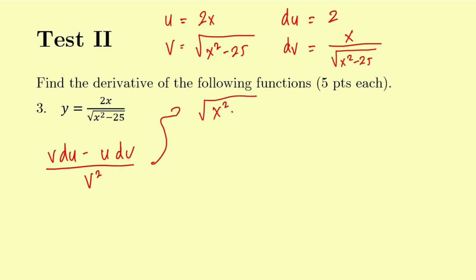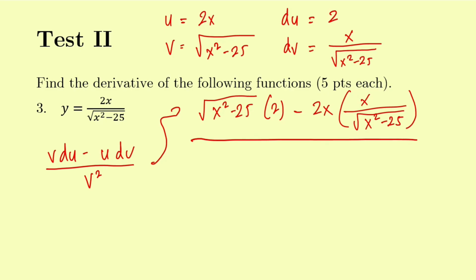Square root of x squared minus 25 multiplied by 2, minus u dv, multiplied by x over the square root of x squared minus 25, all over v squared, which is equal to x squared minus 25 itself, because we are getting rid of the square root, because we squared the entire thing.